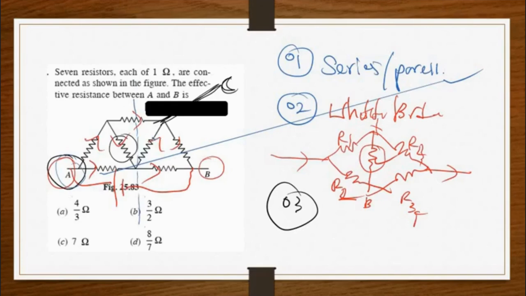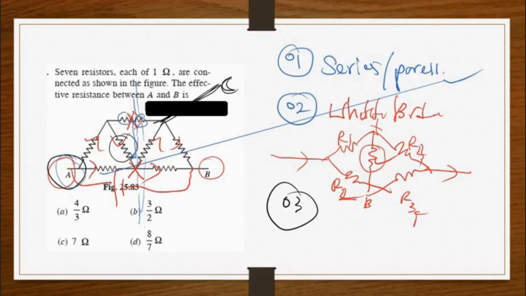It's equal from both sides. So here I can conclude potential at this particular point and potential at this point are equal. So what I can do is I can get these 2 resistors into half values and connect it up to here, right? So it's like this.